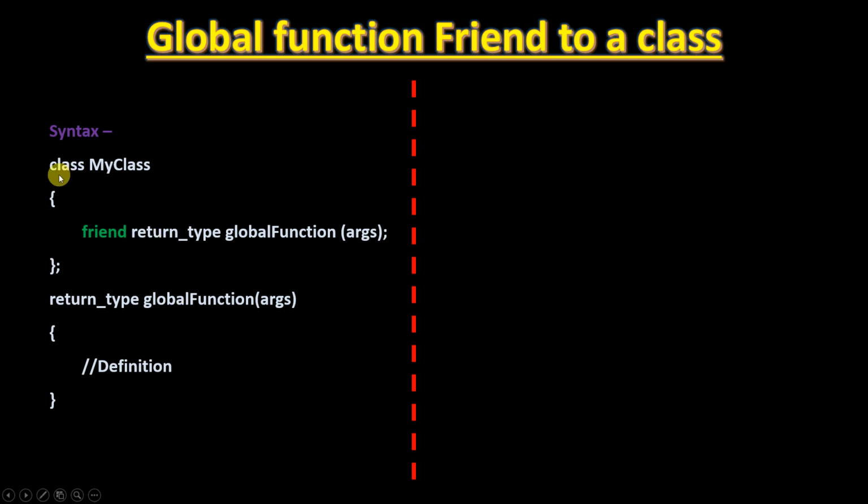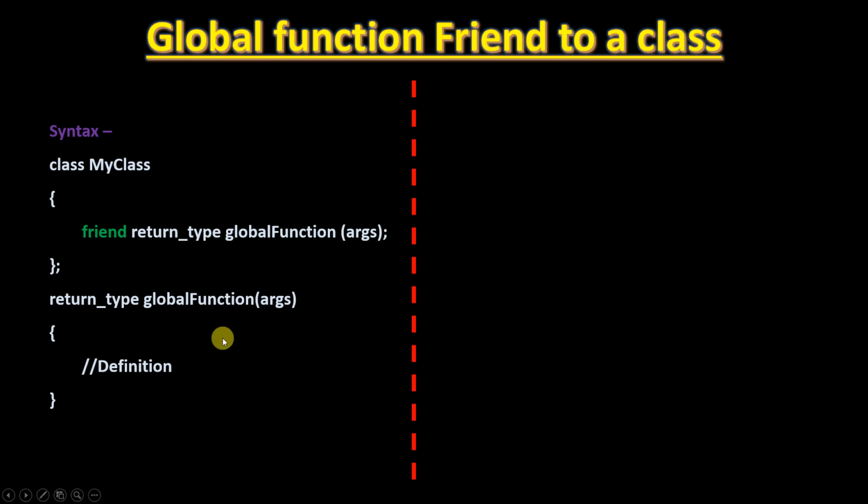First write class MyClass, and give the friend declaration, just a prototype declaration prefixed with the keyword friend. As soon as you make this function a friend, the compiler will give it complete access to the non-public members, directly inside the friend function.